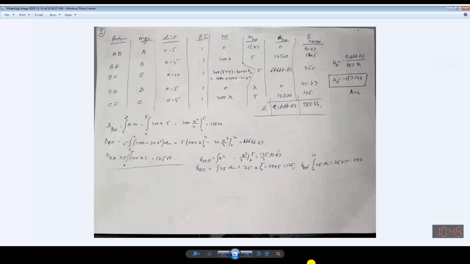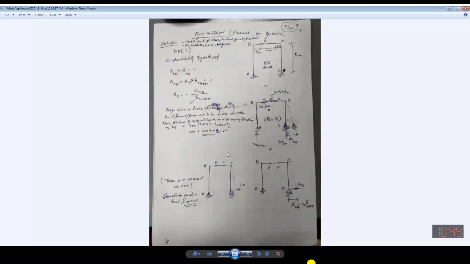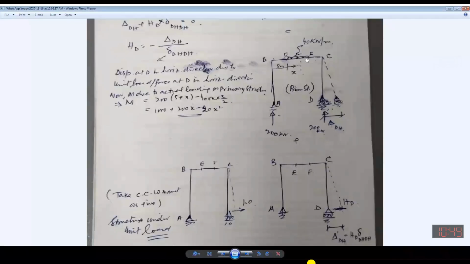Okay. So this is for the portion BE. Then for EF, you can see this is written over there. How this can be calculated for portion EF. For EF, if I take origin at E, now this 200 is passing through this limb, and it is acting at this in the form of shear force.